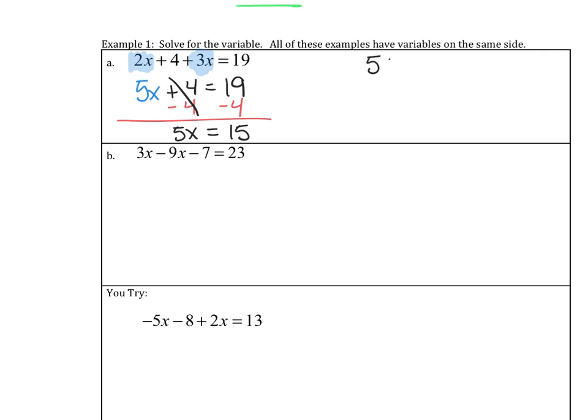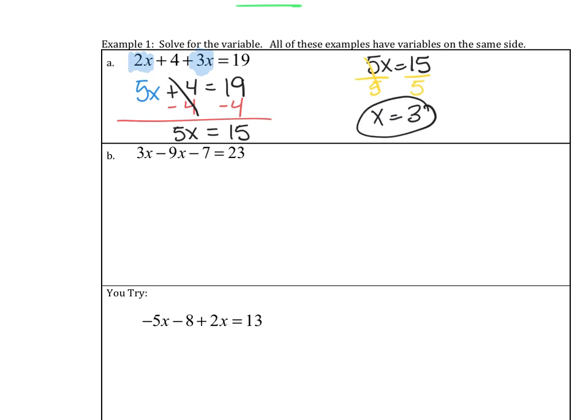And then to solve for this one, remember I'm going to undo that 5x means times, and so I'm going to undo that, and I'm going to divide. So if I divide both sides by 5, always both sides, it gets rid of the 5's here, and my final answer is x equals 15 divided by 5, which is 3.